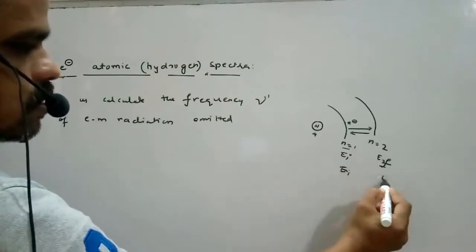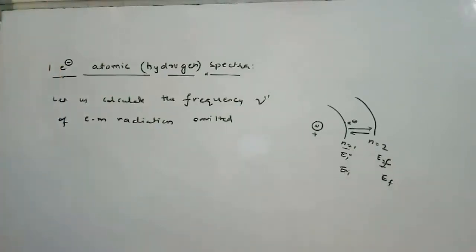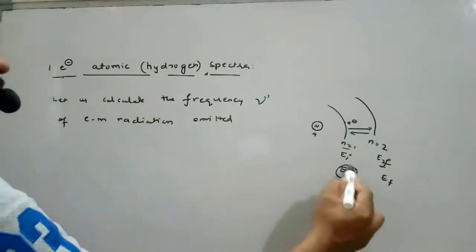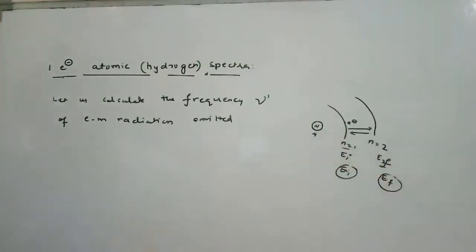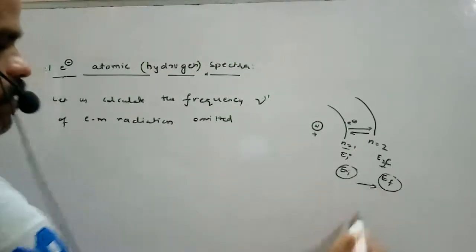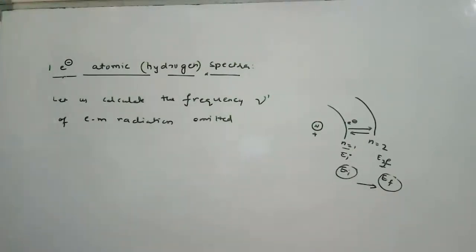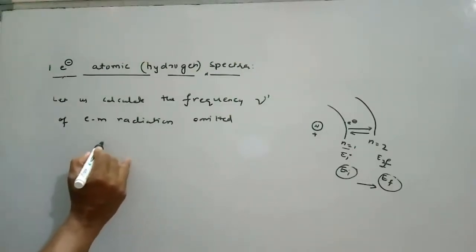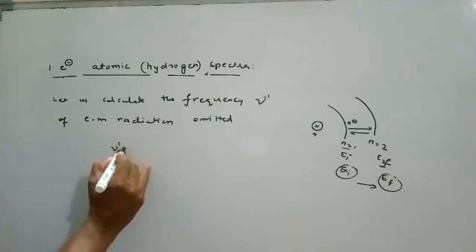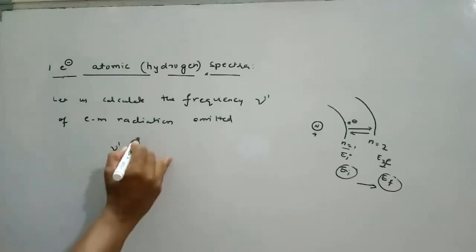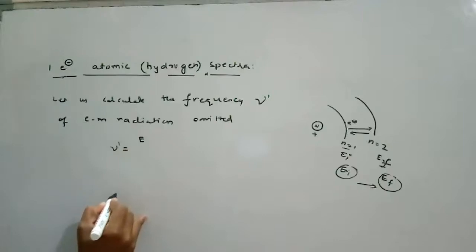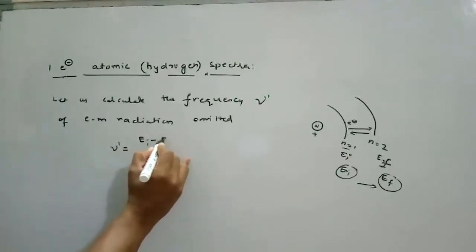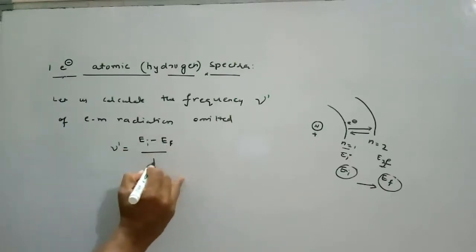Let us take the initial energy level EI, then it goes to the final energy level EF, so lower orbit to higher orbit. Then the frequency is EI minus EF by h.